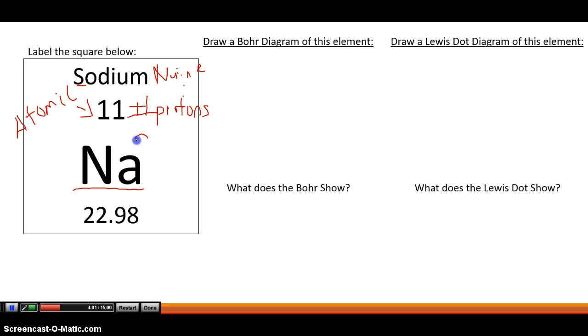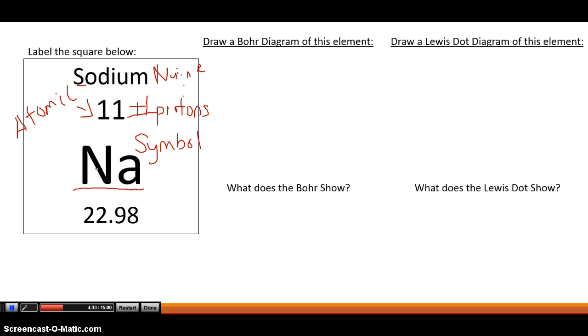This is called the symbol, and this one's Na because of the original language it was discovered in. So we're going to call it Na. Notice that that is not an N and a capital A. Make sure it's not a capital A, because if it was, it would be saying N for nitrogen and A for another atom.